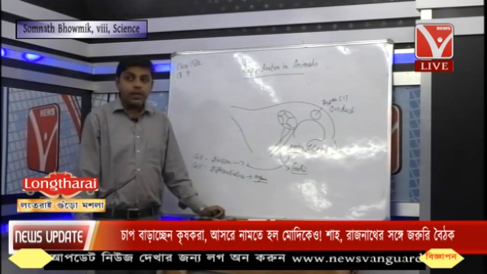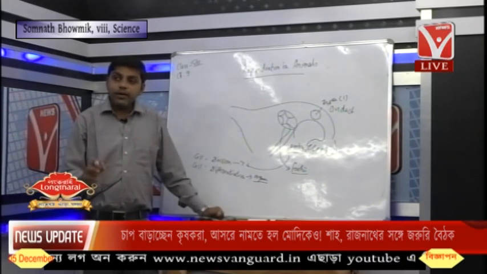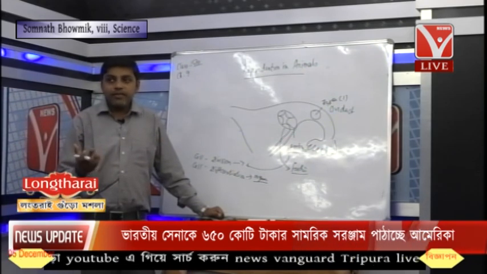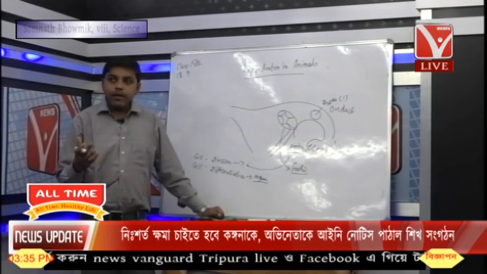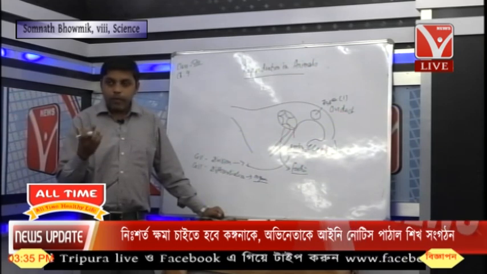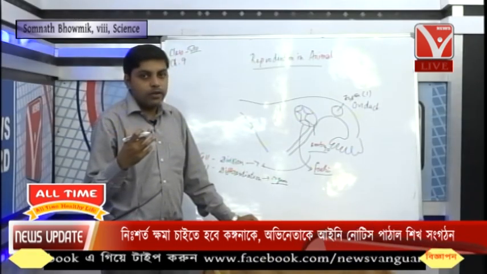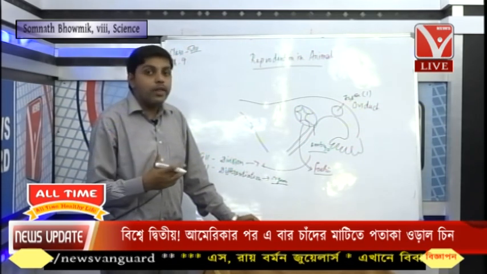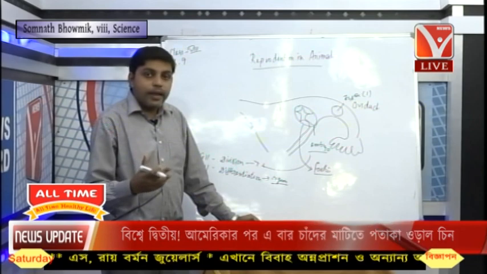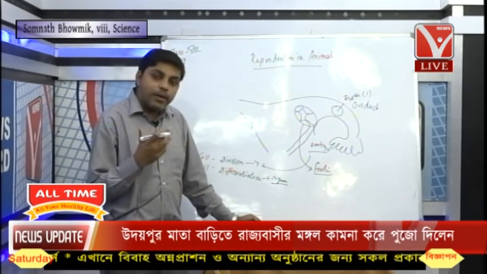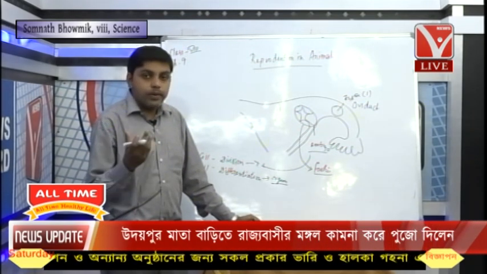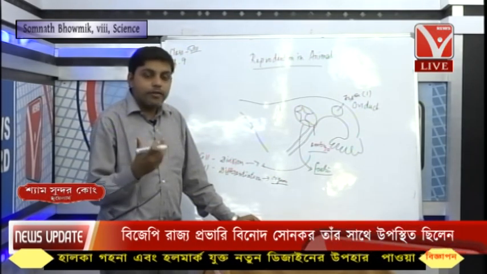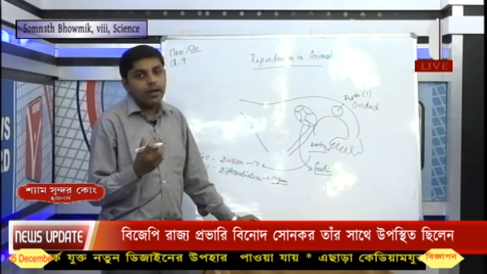And this fetus, after complete development for about 10 months, the woman gives birth to a child. So in case of humans, the complete development of the baby takes place within the body of the mother only.